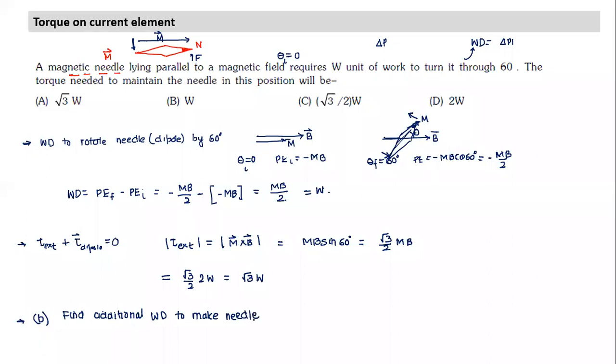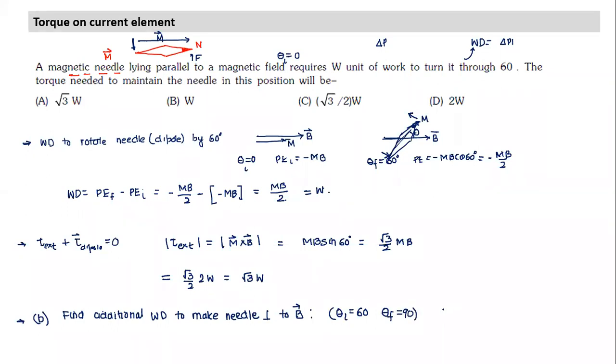What is the additional work I need to do in terms of W? Make the needle perpendicular to B. I'm talking about additional work done. From where to where? Now I'm rotating from initial angle 60 to theta final 90.